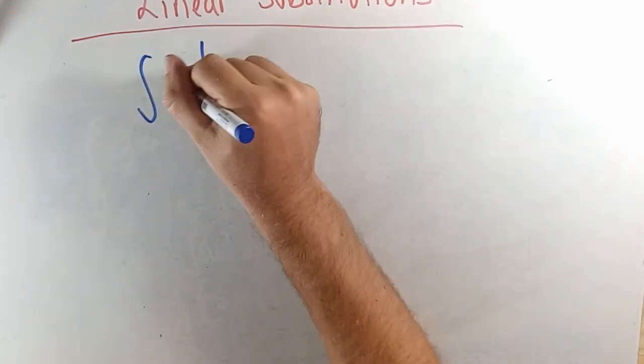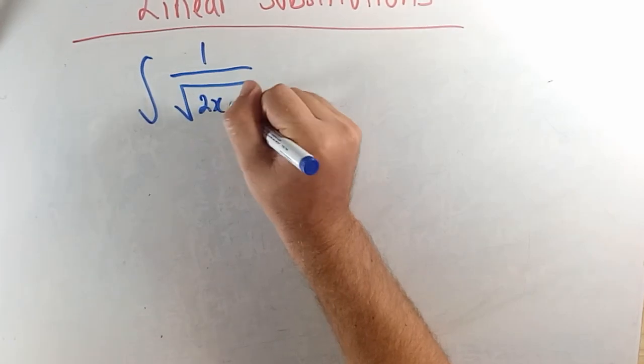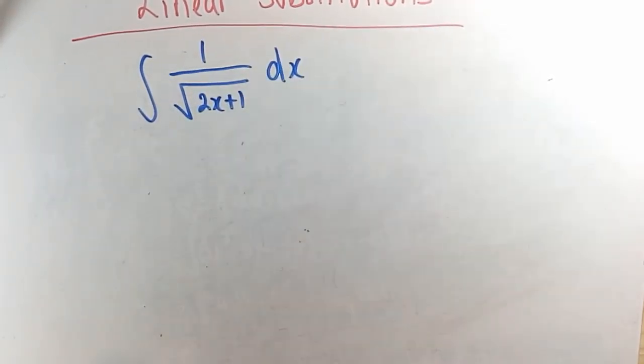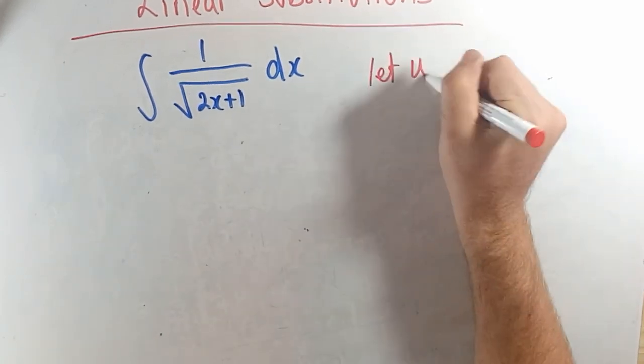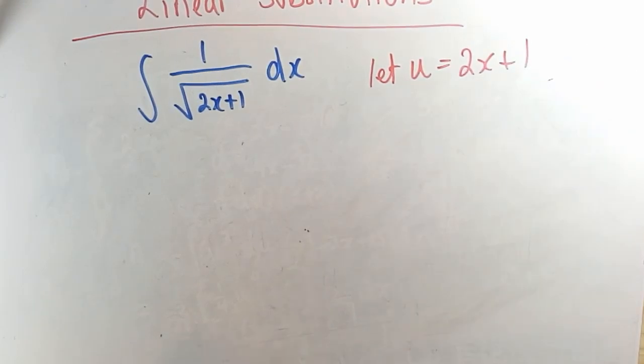Let's try this one: 1 on the square root of 2x plus 1 dx. So what linear substitution am I going to make this time? I say let u equal 2x plus 1, since if I want a linear function, there's probably only one option here.